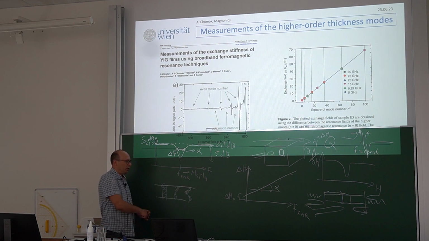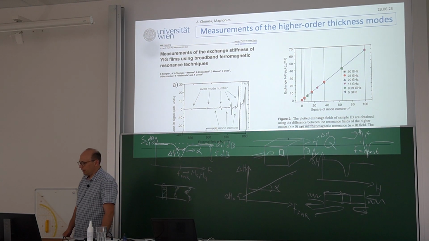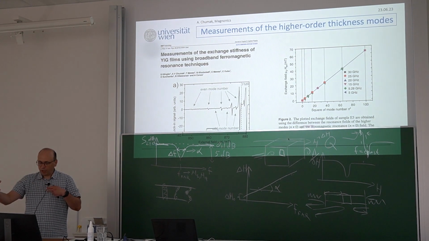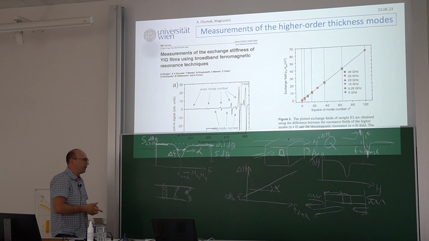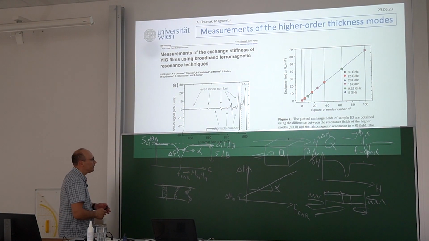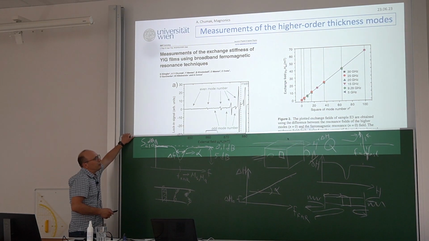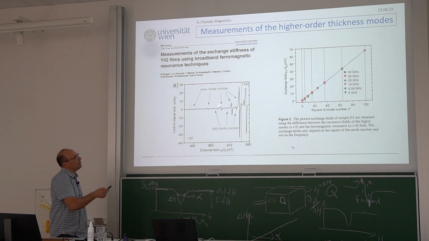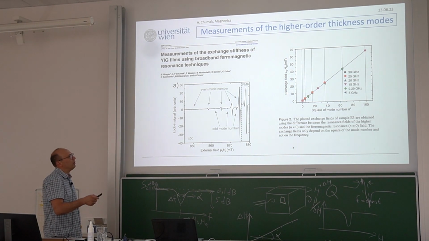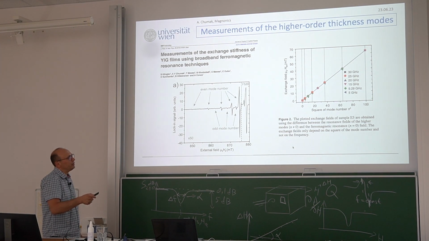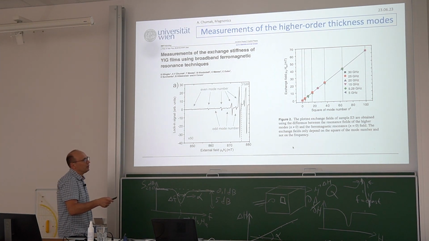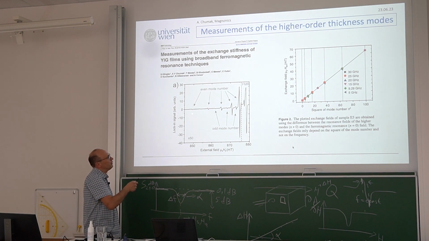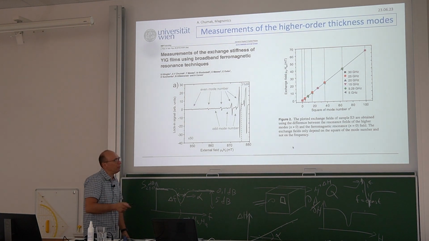And because this is more or less just a standing wave across the thickness, by how much it's shifted, you can determine the exchange constant or exchange stiffness of your sample. Therefore, what Stefan did, these are the modes, and then he plotted here the so-called exchange field as a function of mode number, so he defined which mode corresponds to which number.